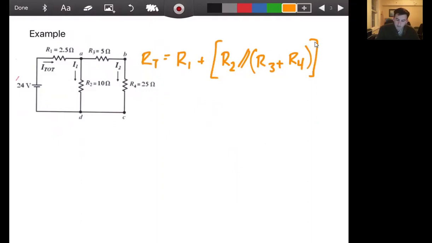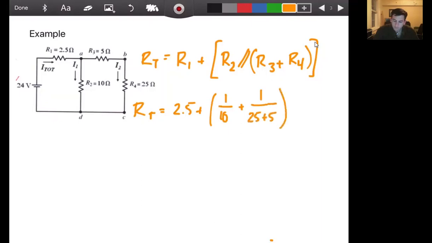We plug in values here. We get R total is equal to 2.5 plus 1 over 10 plus 1 over 25 plus 5 to the negative 1, and that's in ohms.